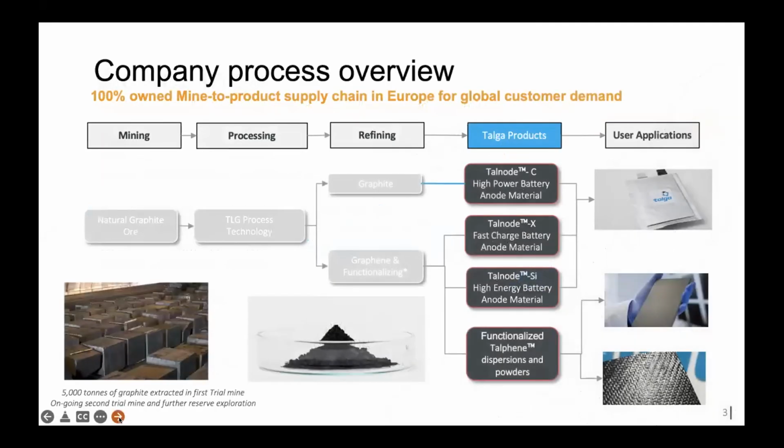So what we do, we start with a very high grade graphite. The ore itself has the highest graphite concentration of all the active mines around the world. And we take this ore, we process that into purified graphite. So we need to remove the other minerals from the material, and we've developed process technologies around that.